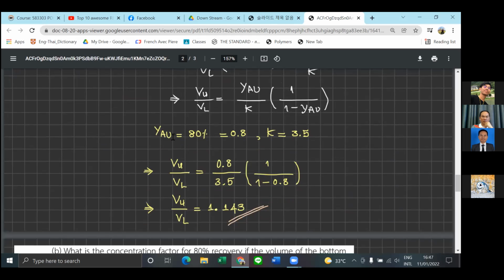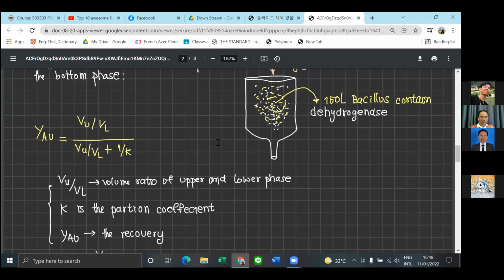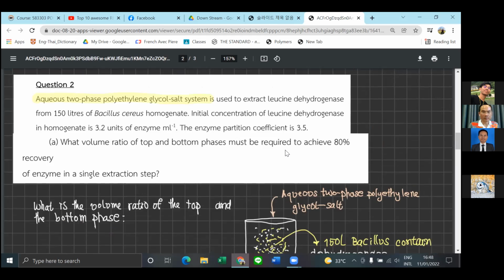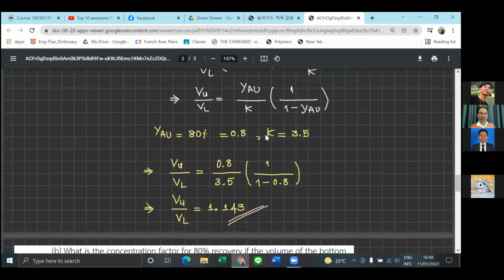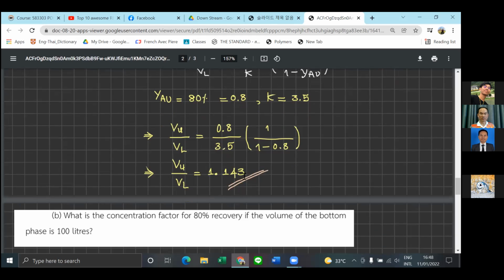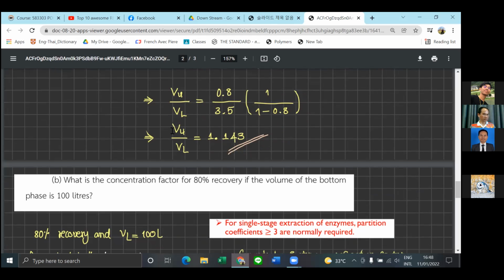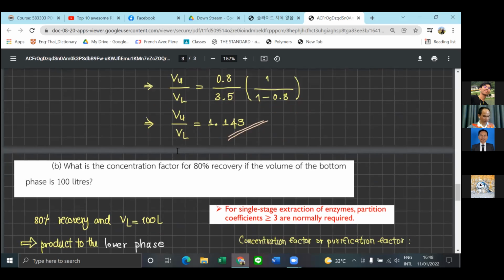We already know that we want to achieve a maximum of 80% recovery, and the enzyme partition coefficient is 3.5. So we substitute into the equation that we derived, and we got 1.1343. This is the ratio of the upper volume to the lower volume.